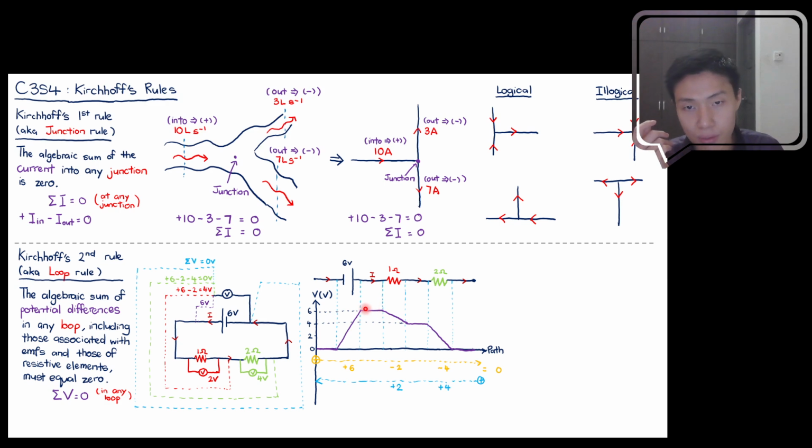Right now, going in this opposite direction from right to left, we are going from the high potential terminal to the low potential terminal. From high to low, you are falling, you're losing potential energy. So you should experience a loss of energy here instead. So it should be -6. But if you sum them all up, it should also be equal to 0.